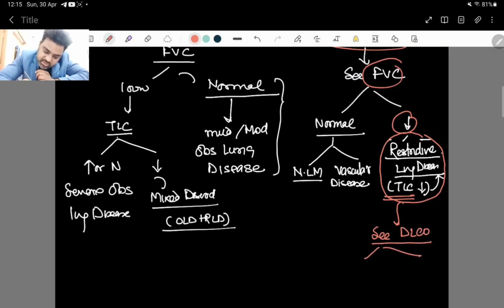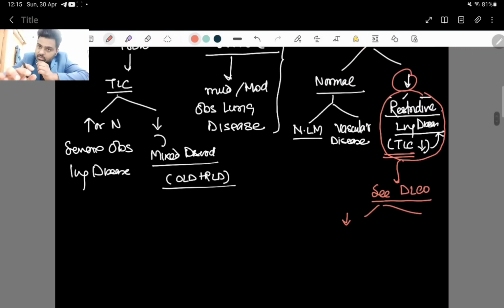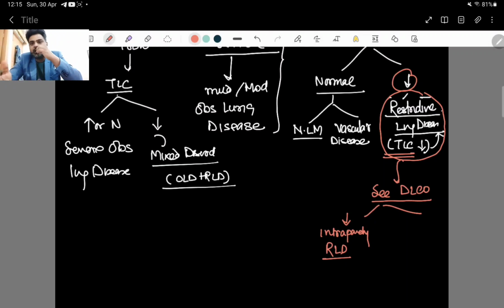And if DLCO is decreased, that means what? It is an intraparenchymal type of restrictive lung disease. That means sarcoidosis, pneumoconiosis, fibrosis, hypersensitivity pneumonitis, all these.